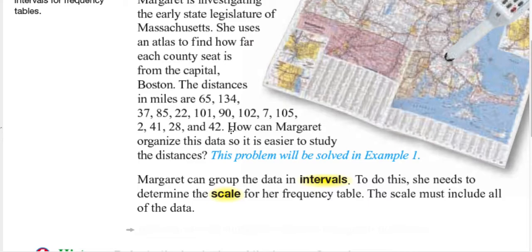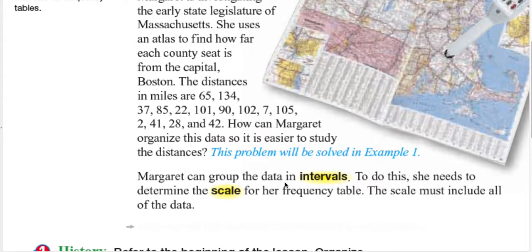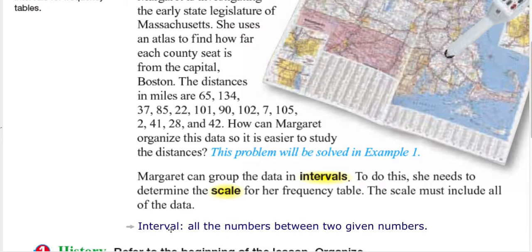The scale includes all the data that Margaret has gathered, from 2 all the way to 134. Intervals are not readily defined, so I defined it for you. Definition of an interval: all the numbers between two given numbers.